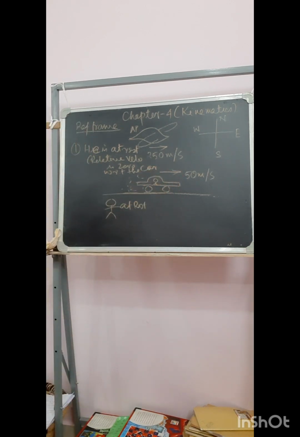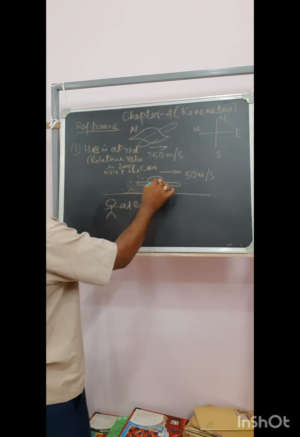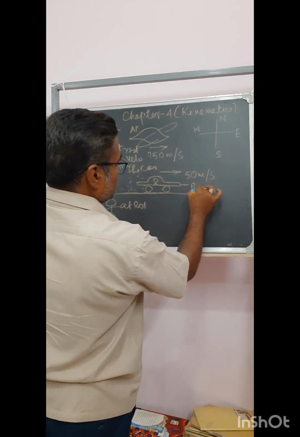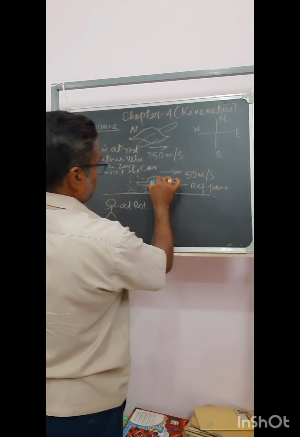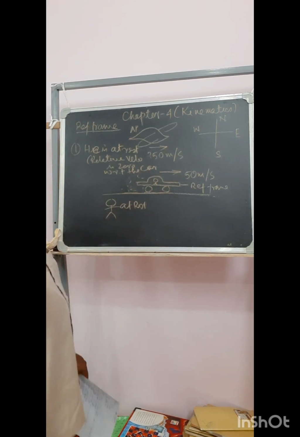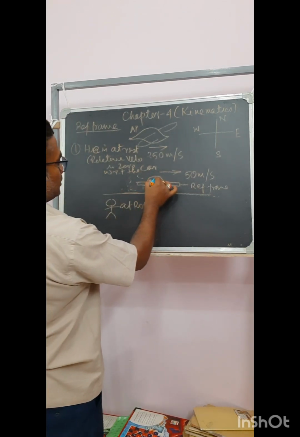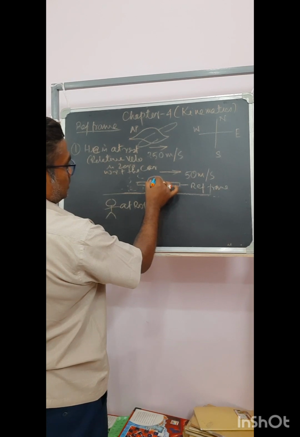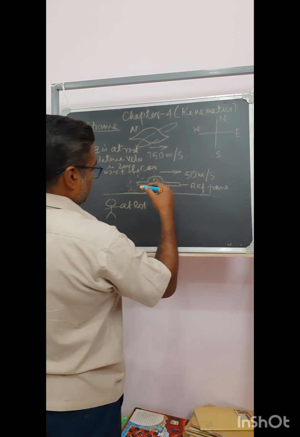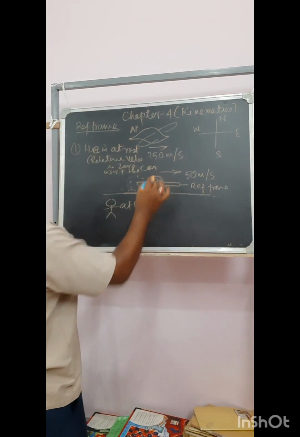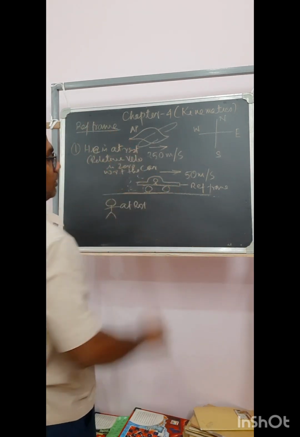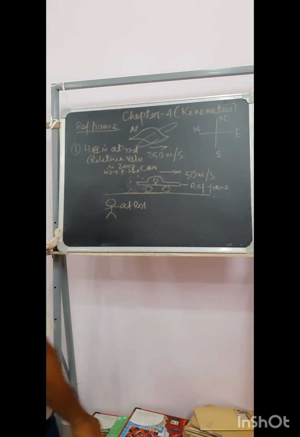So if I have chosen this as a reference frame, this time this is my reference frame, and the observer is in the reference frame itself, so he will not experience any difference in velocity to the reference frame. So he will see himself at 0.